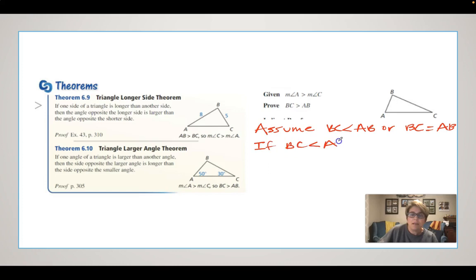All right, if BC is less than AB, then angle A is less than angle C, using this longer side theorem.